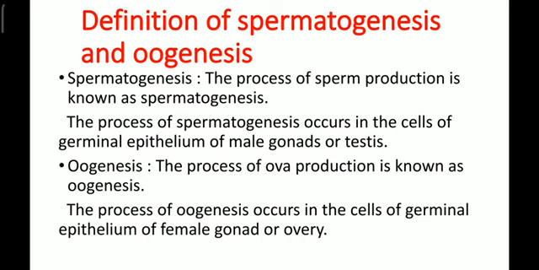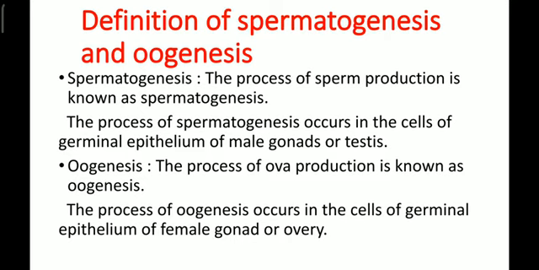Now the definitions of spermatogenesis and oogenesis. The process of sperm production is known as spermatogenesis. It occurs in the cells of the germinal epithelium of the male gonad, or testis. Gonad is a simple terminology.